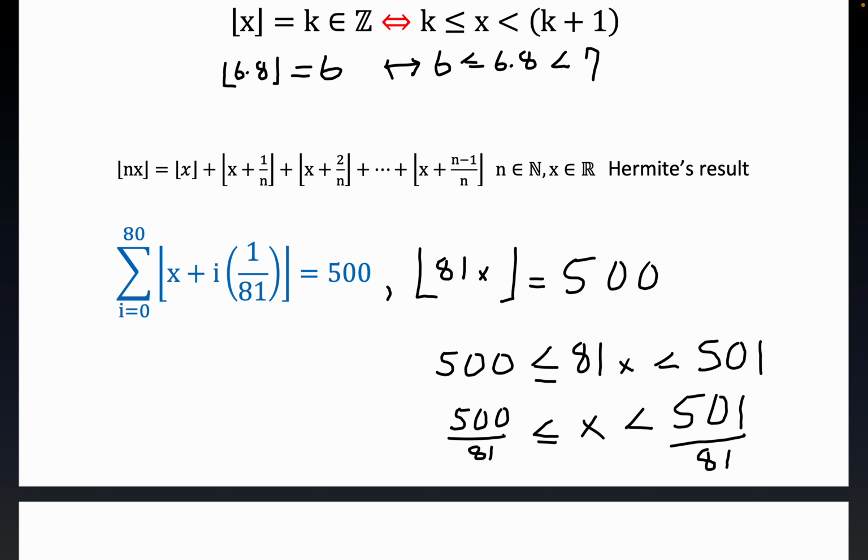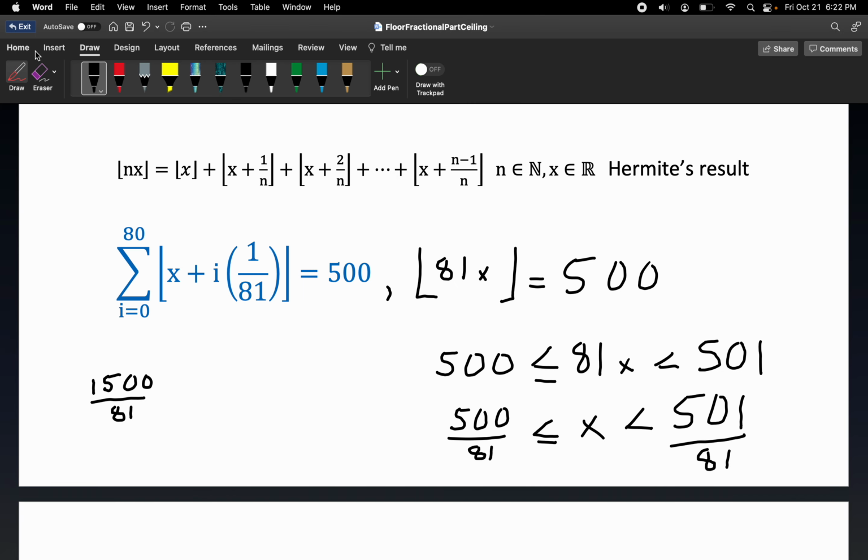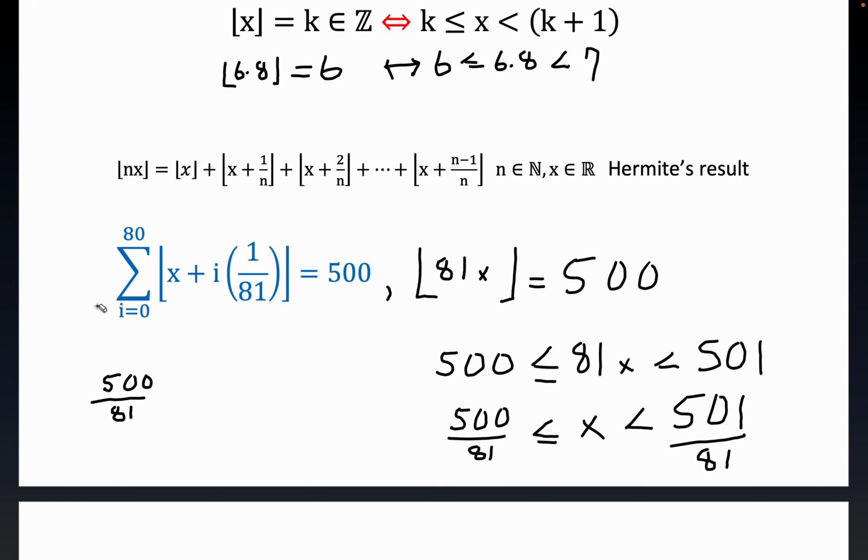Notice the midpoint, in other words, if you sum up these two numbers, I'll just write it down: 500 over 81 plus, I'm doing the midpoint, folks, 501 over 81.